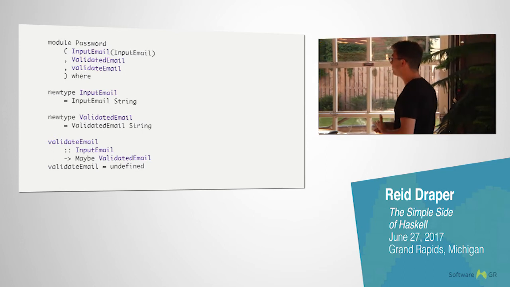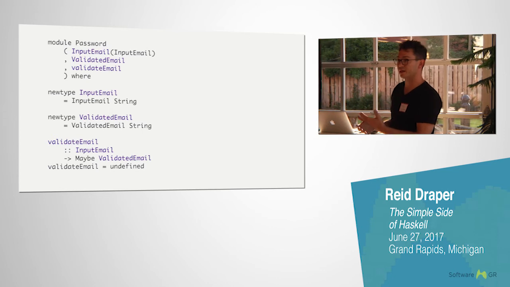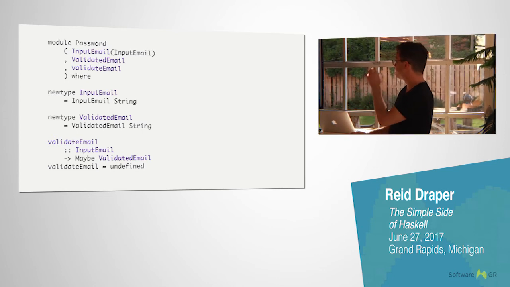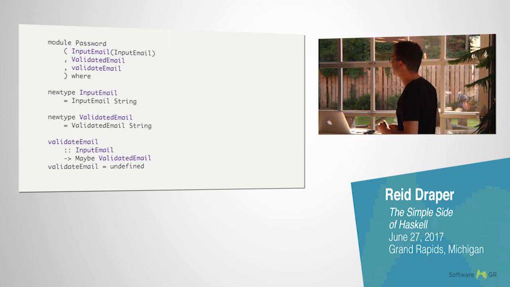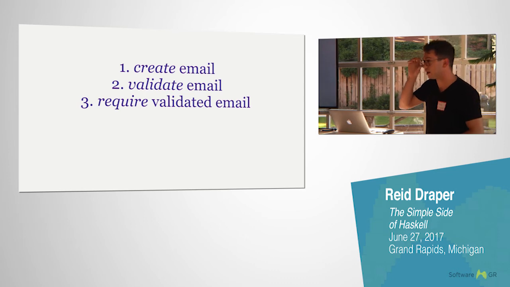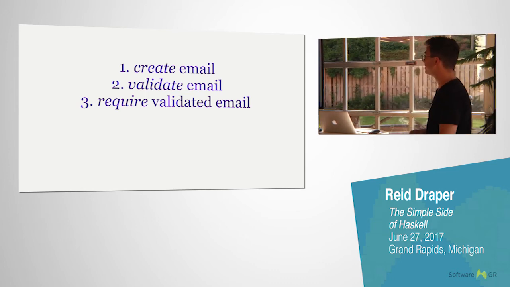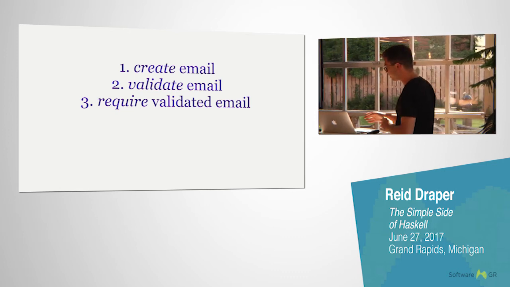If you pass in an invalid email, you will not be allowed to create a validated email. And what's kind of cool is that because we've wrapped it in this maybe type, the caller of this function is forced to deal with the failure case as well. Or at least they're encouraged to. There's a couple of escape hatches there. OK, so basically same thing. We can create an input email type, we can validate an email, and we can require a validated email type.